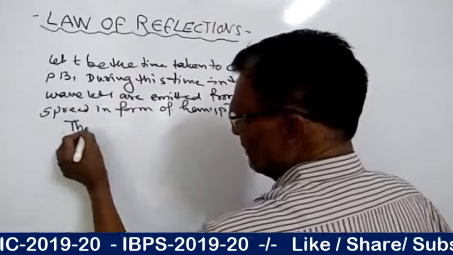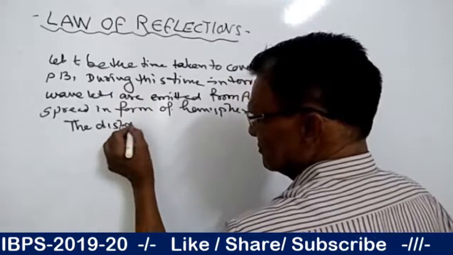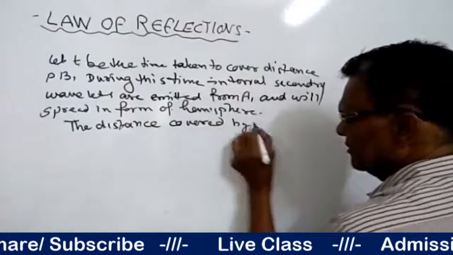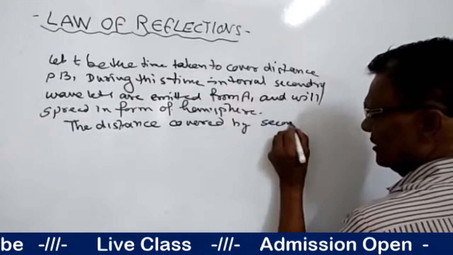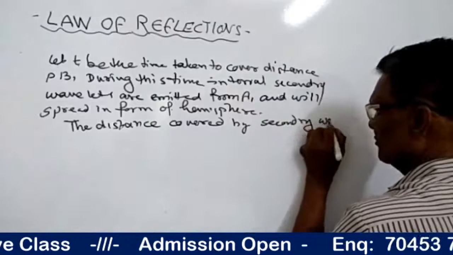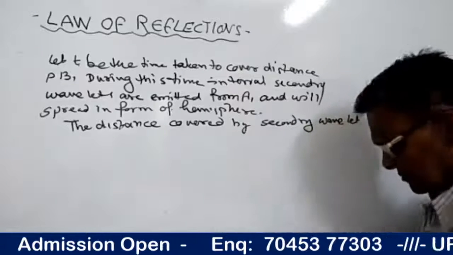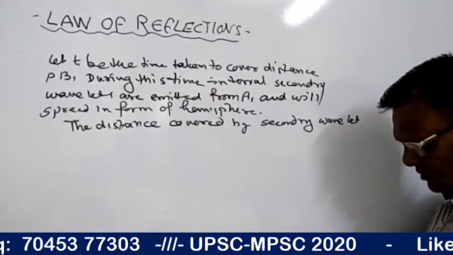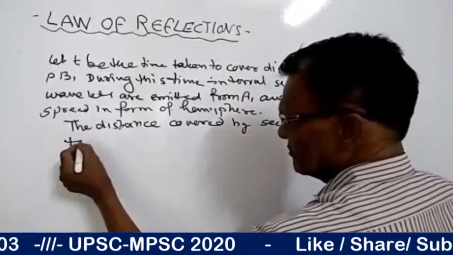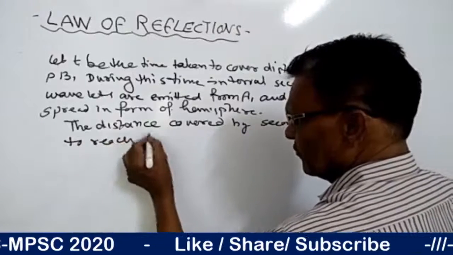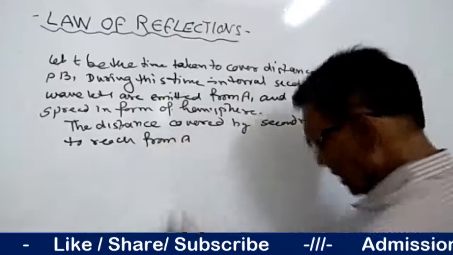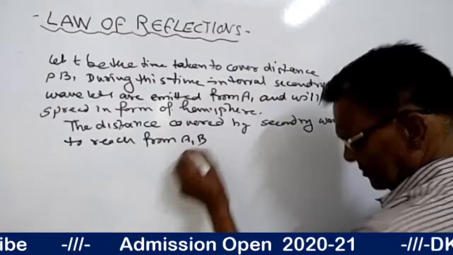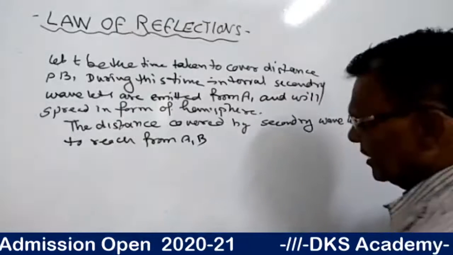The distance covered by a secondary wavelet to reach from A1 to R in time t.